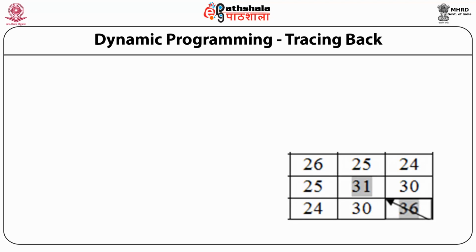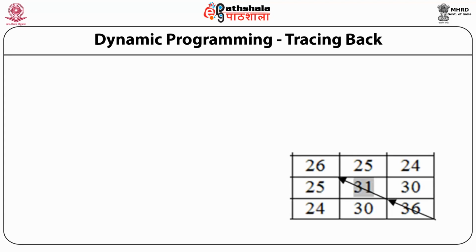Next, again trace back to one of the three adjacent cells from the current cell with number 31 as highlighted. Since the diagonally upper left cell has the highest number 26, place an arrow from the lower right corner of the current cell to the lower right corner of the diagonally upper left cell.